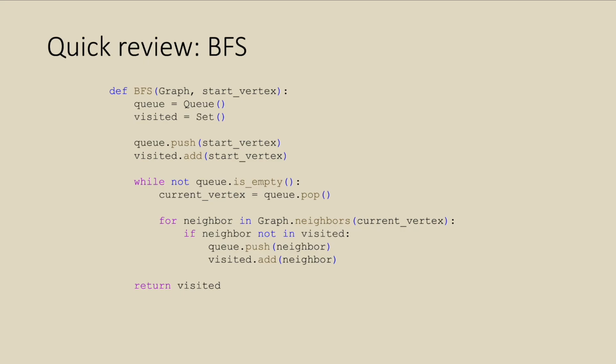Overall, the order in which BFS visits vertices is first the start vertex, then the vertices adjacent to the start vertex, then the vertices adjacent to those vertices but not yet visited, and so on, until all vertices have been visited. BFS uses a queue to ensure that the vertices in the graph are processed in hierarchical order. This is also covered in the textbook in section 3.3. Check it out for details.